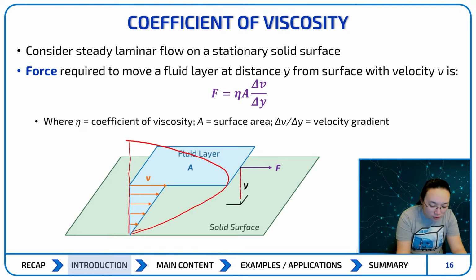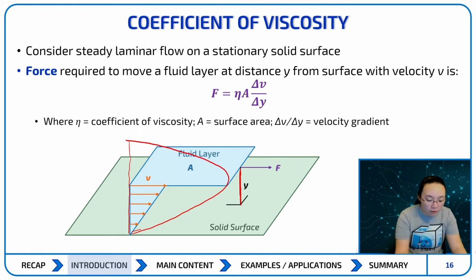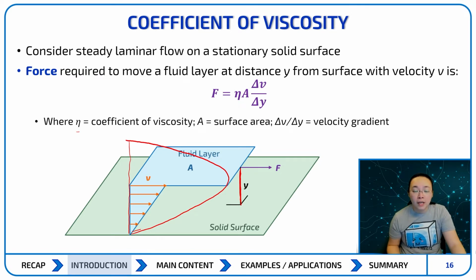It's a certain distance away from the solid surface, and based on that distance, a specific amount of force will be required in order to move it. So you have eta being the coefficient of viscosity, you have A being the surface area, and you have delta v over delta y being what's called the velocity gradient. That's a very important equation to know, because it'll allow you to calculate the coefficient of viscosity.